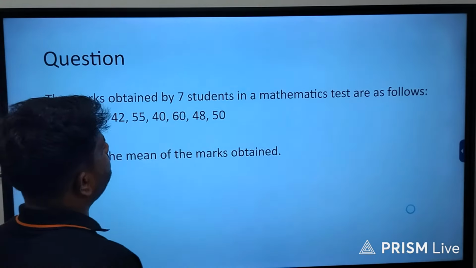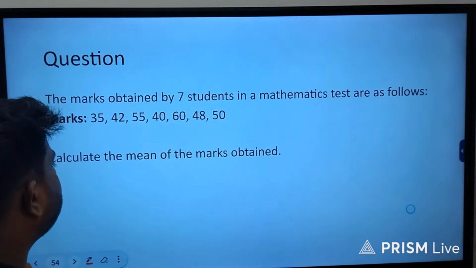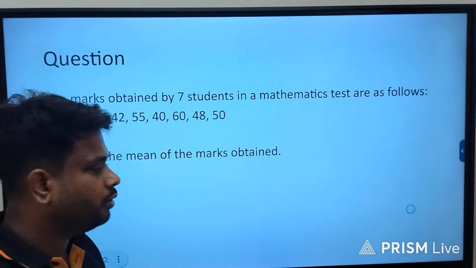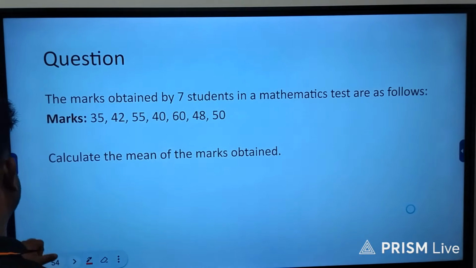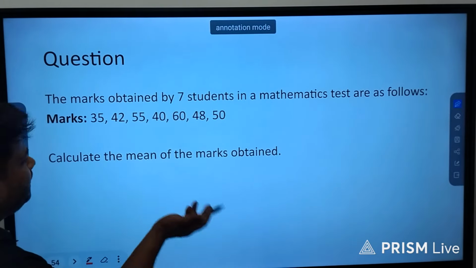The marks obtained by 7 students in a mathematics test are as follows. Calculate the mean of the marks obtained by all of the students. This one is pretty easy. First you have to write them down.